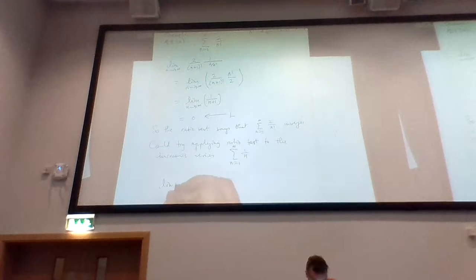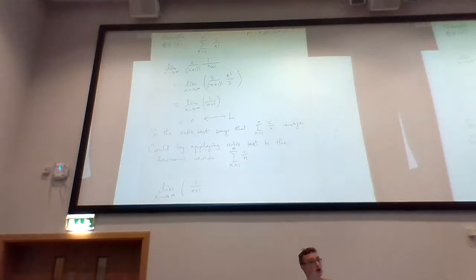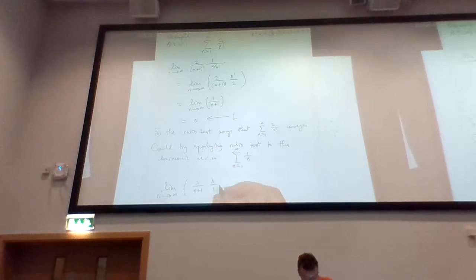So you take the limit as n goes to infinity of the n plus 1th term of the harmonic series, which is 1 over n plus 1, divided by the nth term. The nth term is 1 over n. So if you're dividing by 1 over n, you're multiplying by n over 1.